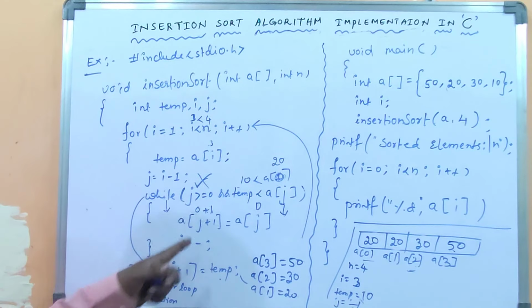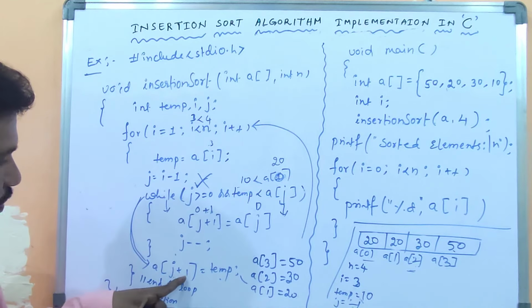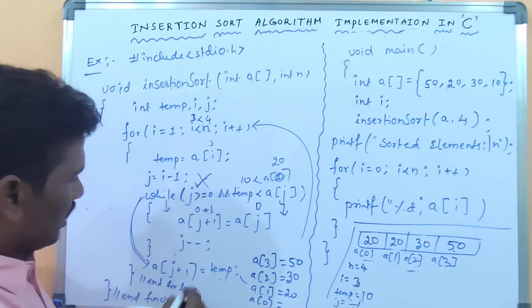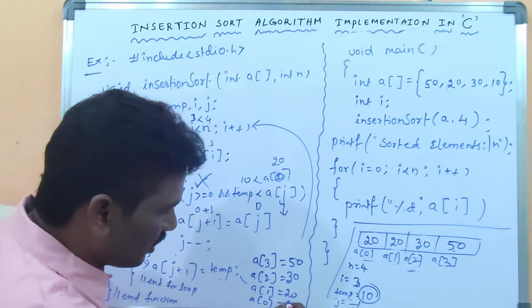Then when it is false, then control comes to here. A of J plus 1. A of J plus 1 means A of 0. Minus 1 plus 1, 0. Equal to temp. What is the temp value here? Please see here. Temp equal to 10.